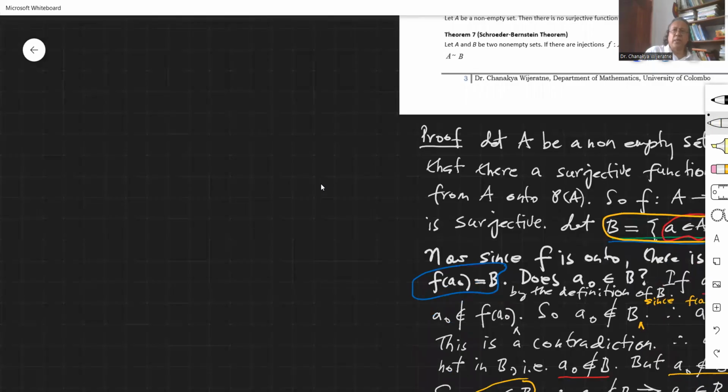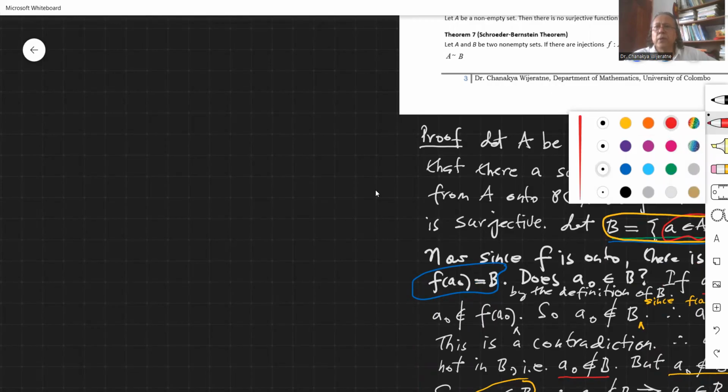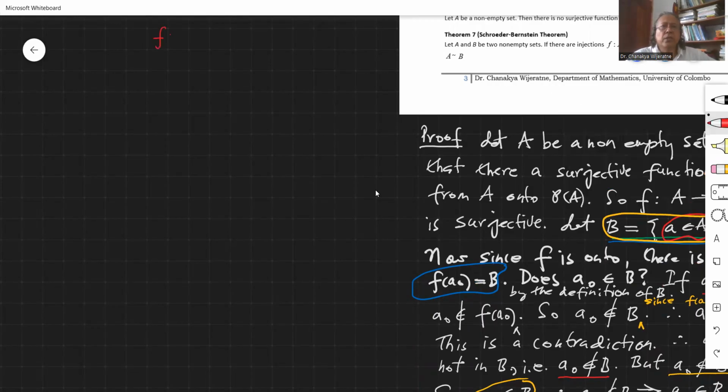It says that if A and B are non-empty sets, and we have two injective functions, from A into B and B into A, then there has to be a bijection between the two sets.